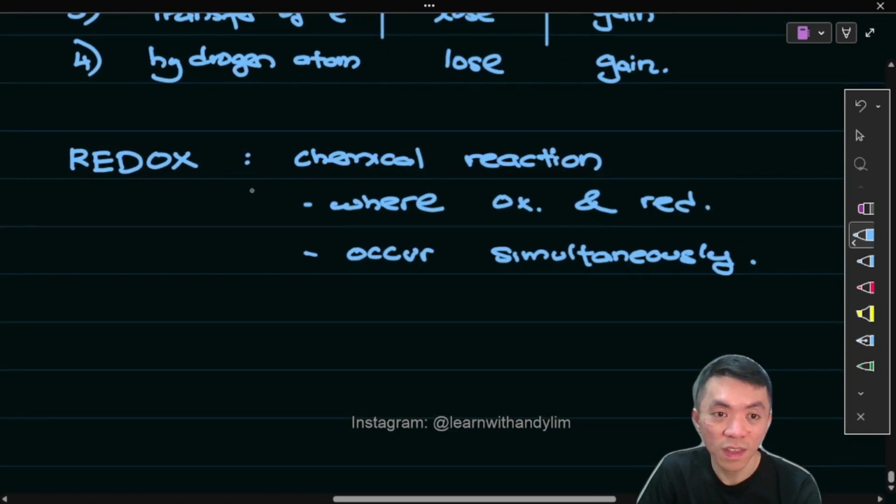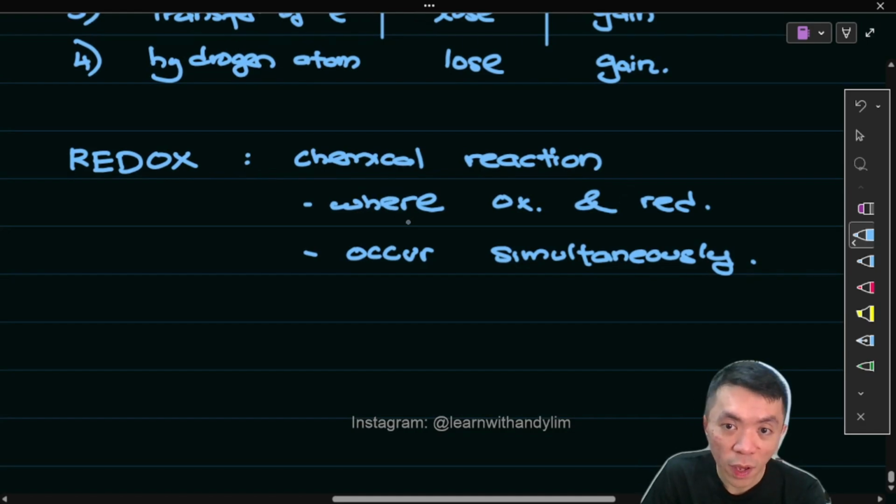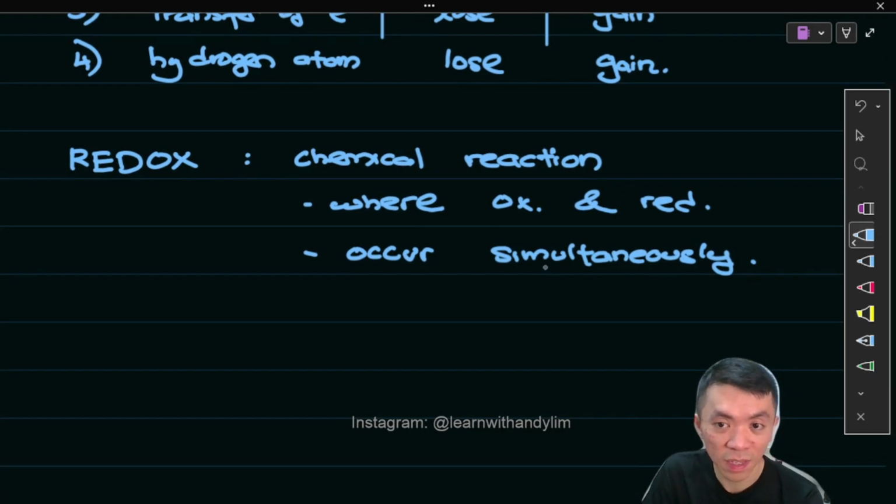All right, so this is the definition for redox. It is a chemical reaction where oxidation and reduction occur simultaneously.